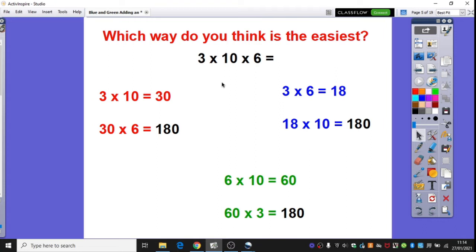So we've got 3 times 10 is 30, 30 times 6 is 180, 3 times 6 is 18, 18 times 10 is 180, this one here, and then down here 6 times 10 is 60, and 60 times 3 is 180. I would probably say they are all on par, so no one is probably easier than the other.